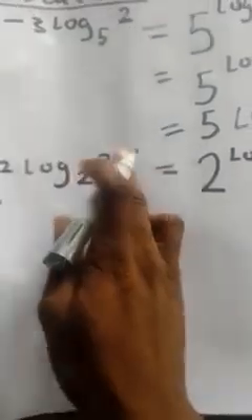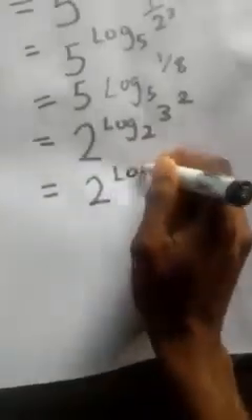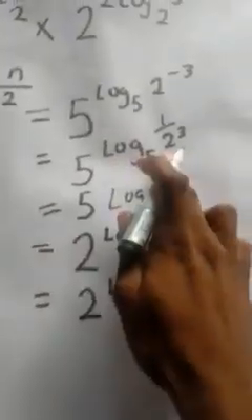So the number will now become the power of the log. So this now becomes raised to the power of 2. So simplifying, this now becomes log 9 base what? 2, because 3 raised to the power of 2 is what? 9.